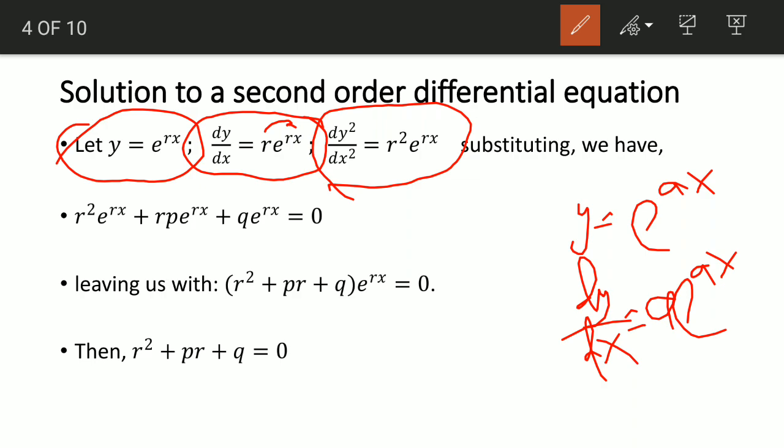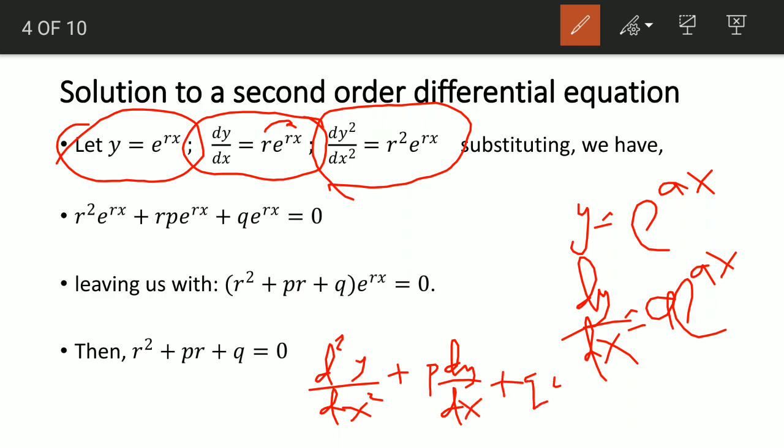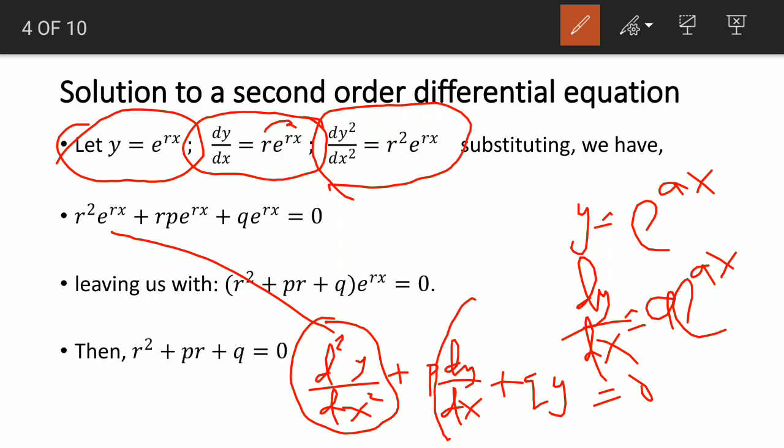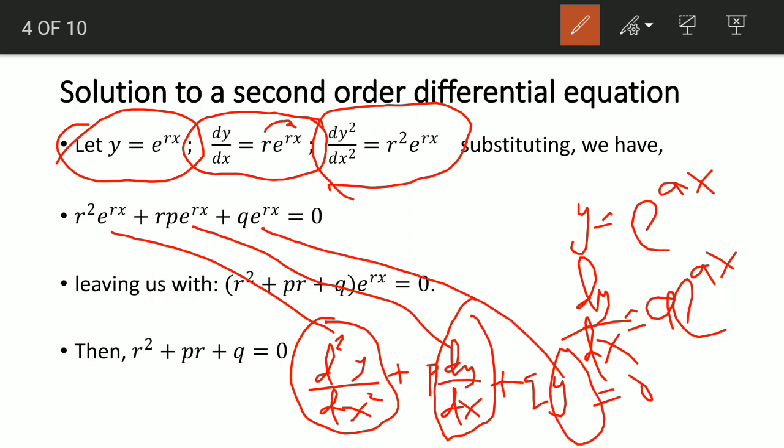Okay, so substituting it into our equation, remember, the second order equation is still d squared y over dx squared plus p dy/dx plus q y, all equal to 0. Now if we substitute that, you can see that the whole of this is now r squared exponential rx, then p dy/dx, your dy/dx is rp exponential rx, then your y is already exponential rx.